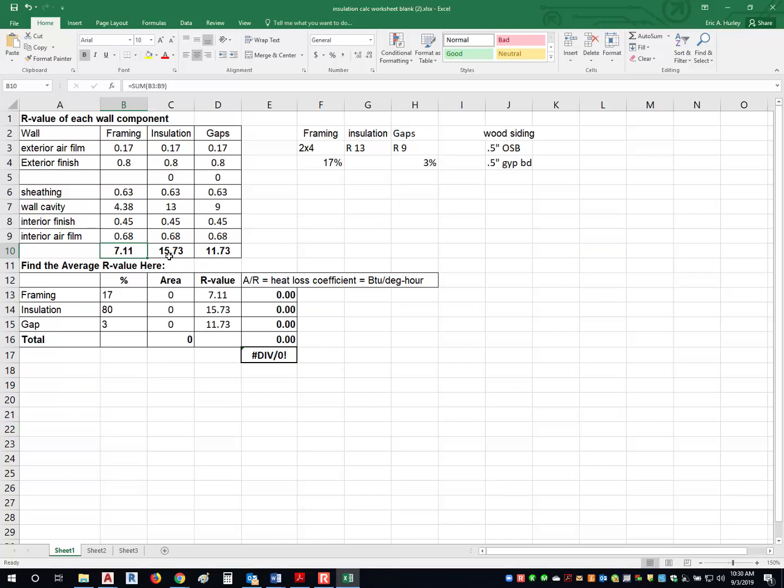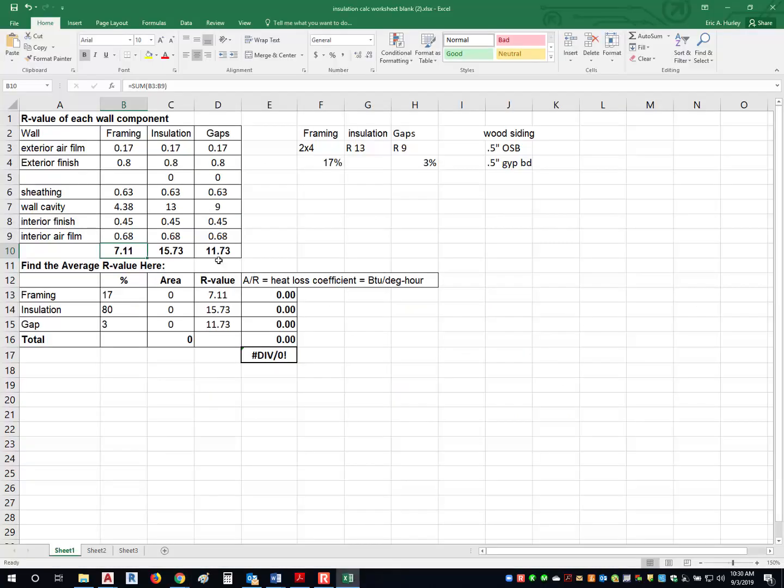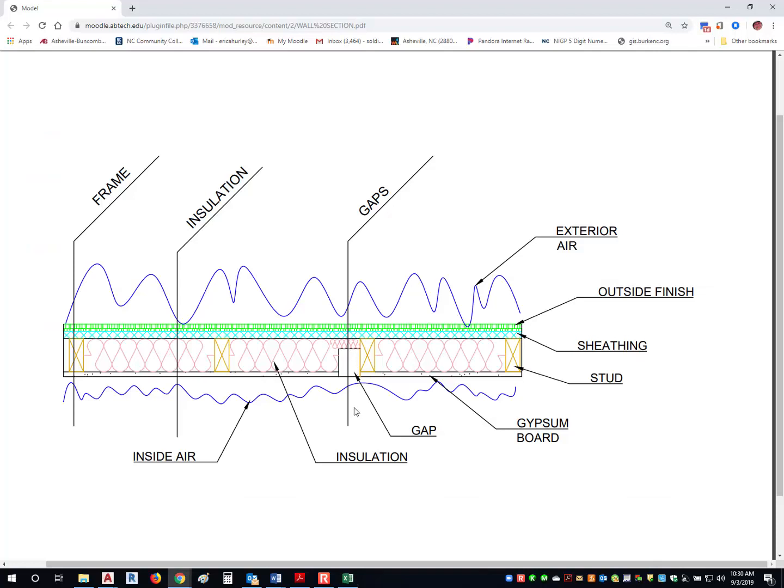The insulation is always going to be highest at 15.73. So right here, it's 15.73, and then 11.73 down here on the gaps. It's always going to be smaller. This is always going to be bigger, okay? And these two are going to be smaller than the insulation.